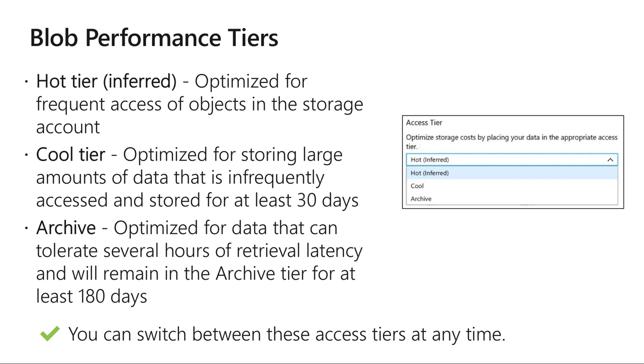So in comparison, one is for frequent access and one is for infrequent access. Cool is for storing data for at least 30 days, and it's not as cost effective to access as hot. And archive: the archive tier is specifically for data that can tolerate several hours of retrieval latency, and it will remain in the archive tier for at least 180 days.